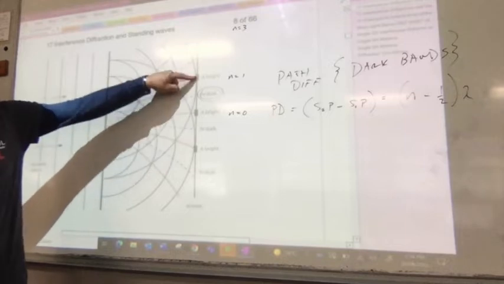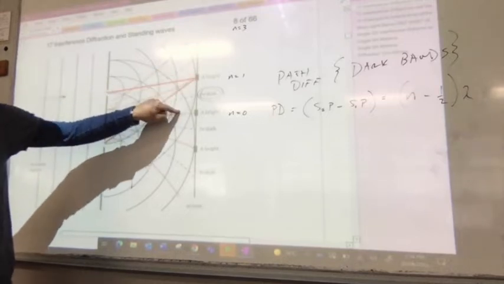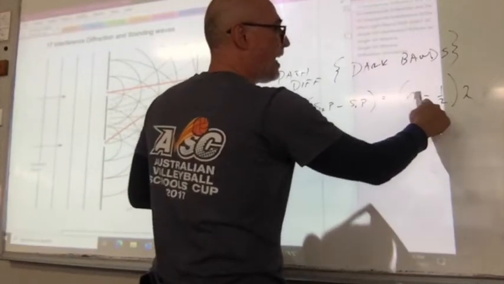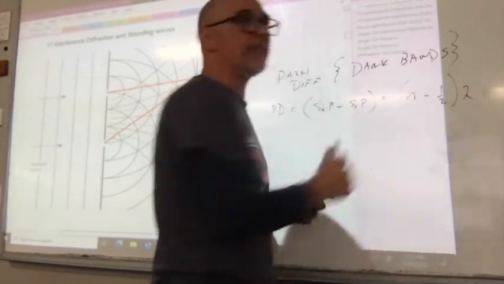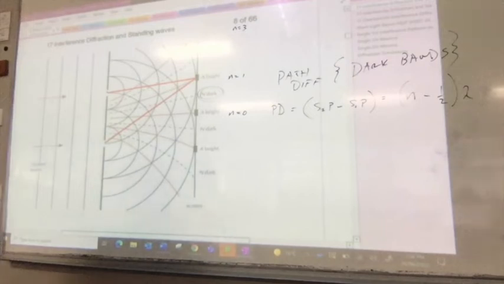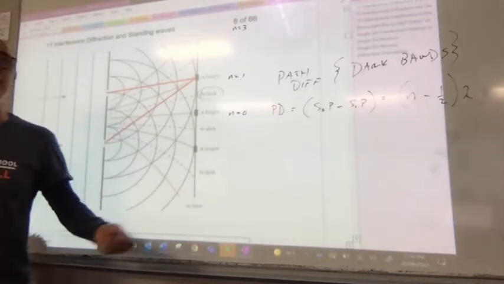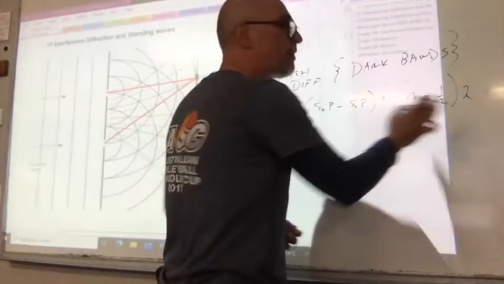I have to go to lambda, but I've got to come back a half lambda. So I go 1 take away a half, it's a half lambda. So what's the path difference for the first dark band or the first node? It's whatever the wavelength lambda is, divided by 2. Okay, so this gives me the conditions for dark bands.